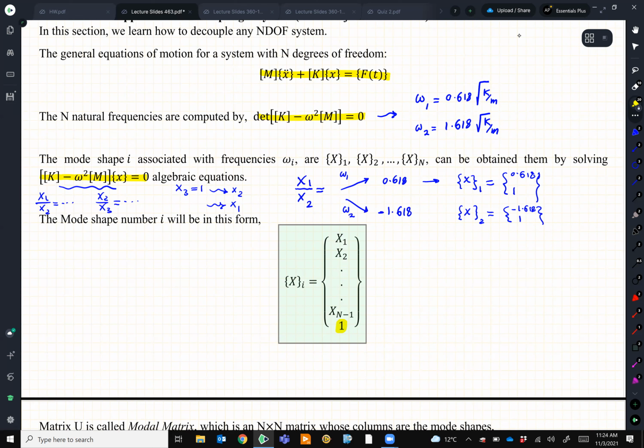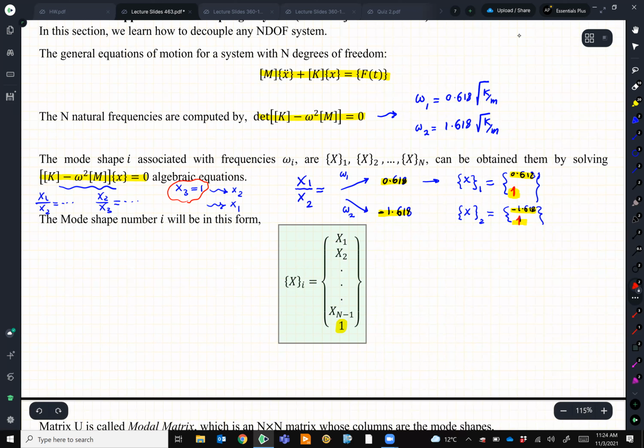So whatever we did here in this example of 2-degree of freedom system, now we are going to do it for n-degree of freedom system, but in a systematic way. So in a 2-degree of freedom system, you recall we found the ratio, then we set one of them equal to 1, and we found the other one, because we said we only have access to the ratio, not the actual amplitude. Right? Doesn't matter. If you have an n-degree of freedom system, you put the last one equal to 1.